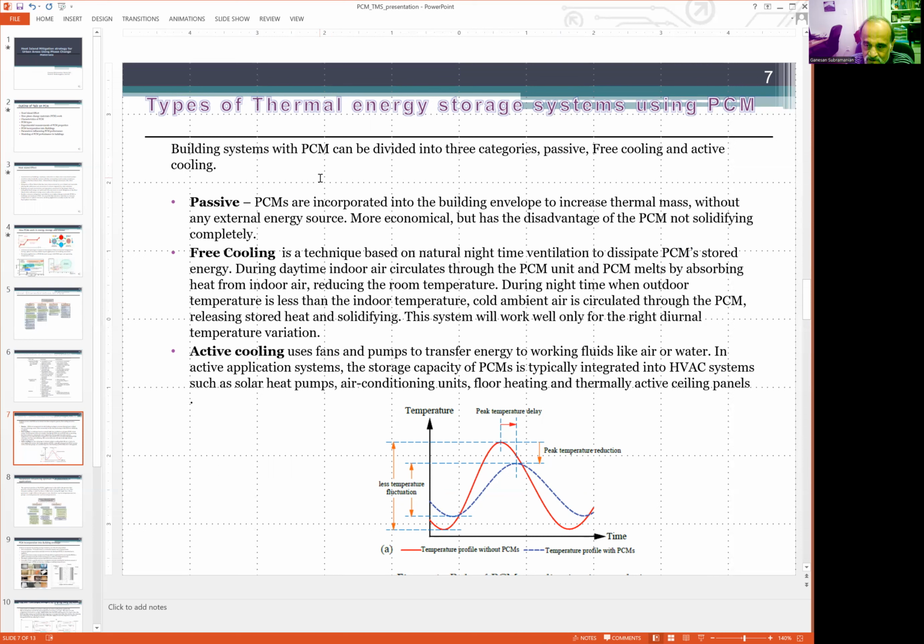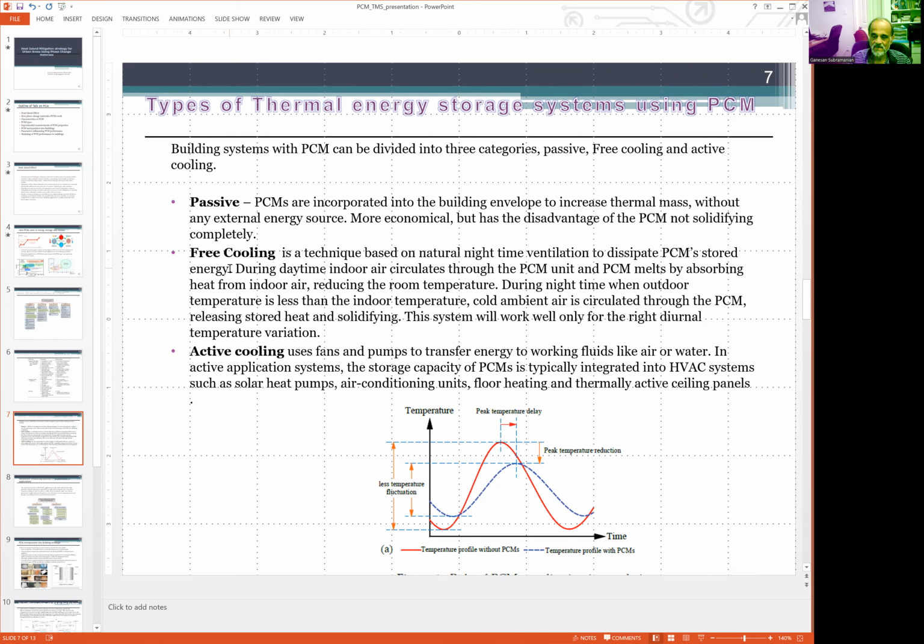Passive is where PCMs are incorporated into the building envelope to increase thermal mass without any external energy source. Now, this is the most economical category, but has a disadvantage of the PCM not solidifying completely.